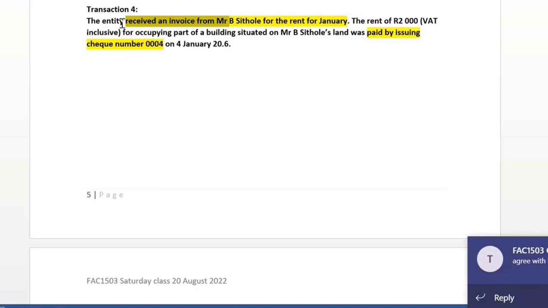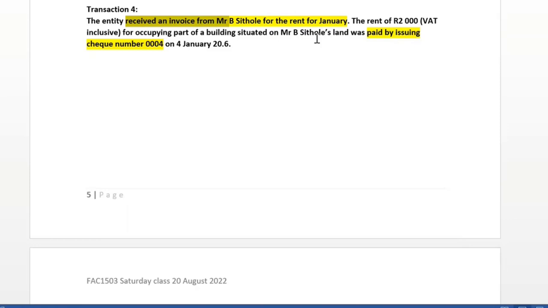So the entity BS Electrical is receiving a rental invoice from Mr. Bisitole for rent. They are receiving an invoice from Bisitole for rental expense.